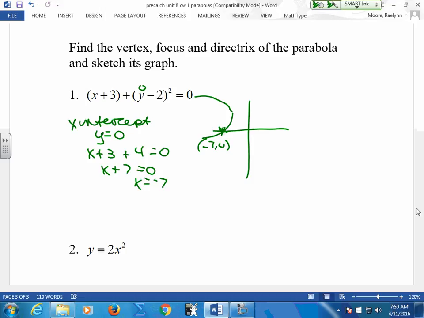We always find our x and our y intercepts. We don't have to do it on the next one, obviously, because it's at the vertex, 0, 0. But we should always find our x and our y intercepts. It's probably easier once you put it into the other format, but since I erased it off, we could take it from there. Okay?